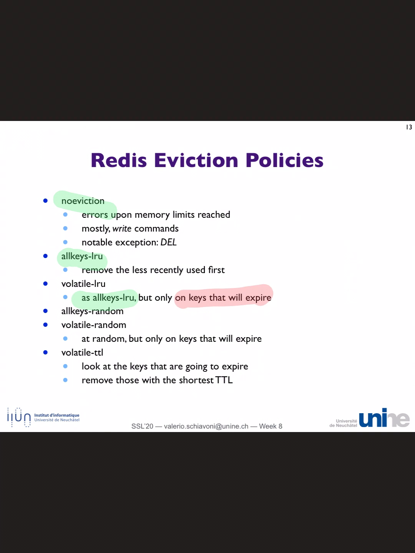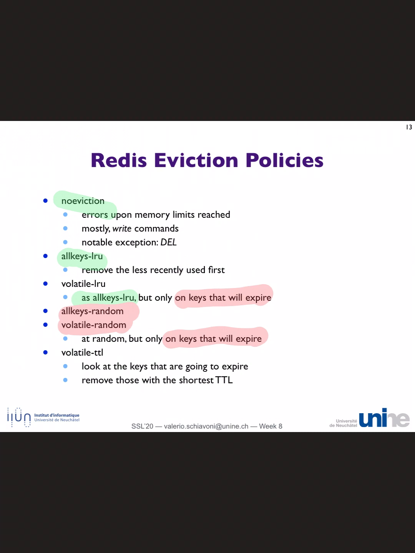The next example is quite straightforward. It's a random policy. It just removes one at random, as we have done also on our simpler implementation. The volatile random somehow mirrors the previous case. It also removes keys at random, but only among those that are going to expire, once again, those with the time to live.